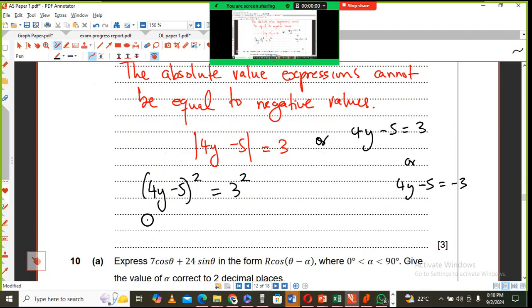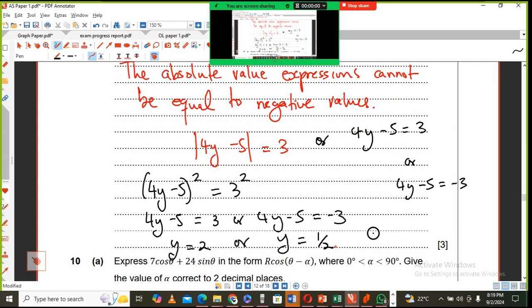So I have 4y minus 5 equals 3, or 4y minus 5 equals minus 3. Basically, y will be 2, or y will be a half. And these are the two values of y.